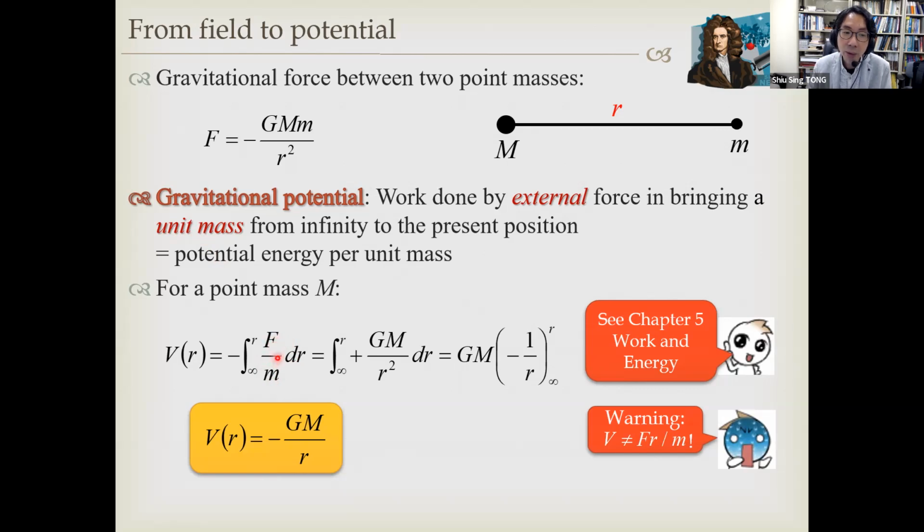So the work done by the external force is integrating this F over r from infinity to r, but I have to add a minus sign because the external force is in the opposite direction to the gravitational force. So I've added the minus sign to denote that I'm referring to the work done by the external force, not by the gravitational force itself.